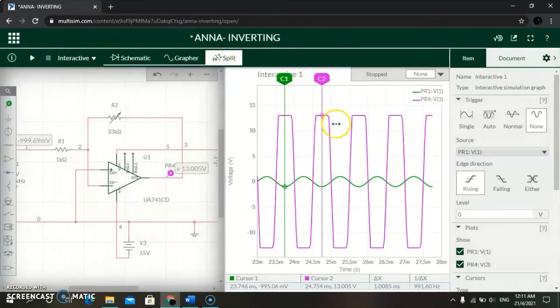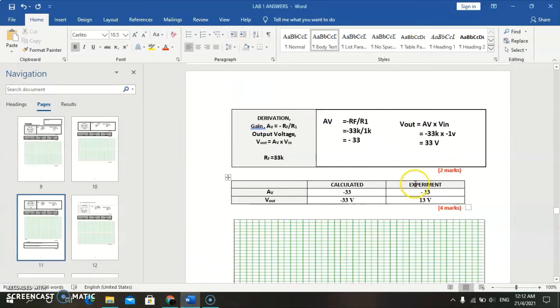Okay, if you see here, the graph is clipped. For Vin, the value is still the same, negative 1 millivolt, while for Vout there is only 13 volts. When we calculate the gain and Vout, we should get negative 33 volts, but we only get 13 volts.